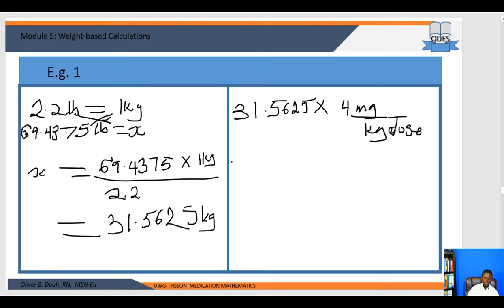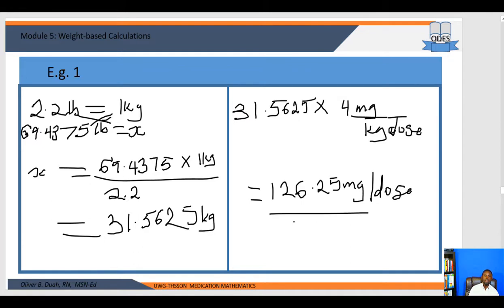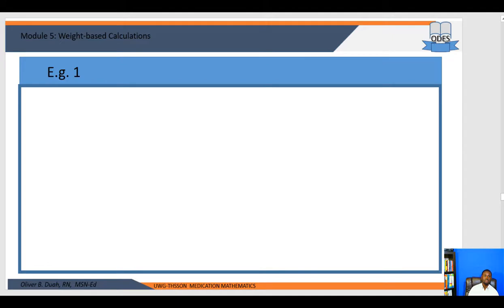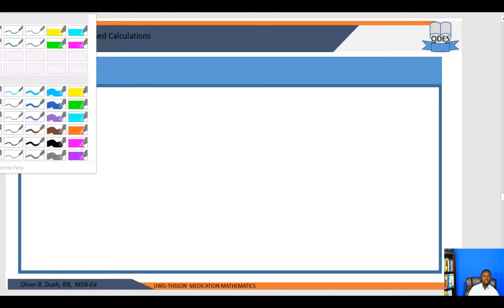So multiply this by 4 and we have 126.25 milligrams per each dose. So this now becomes our new desired or prescribed dose that we are going to use to calculate for the amount of mLs. Okay, so let's use the formula.